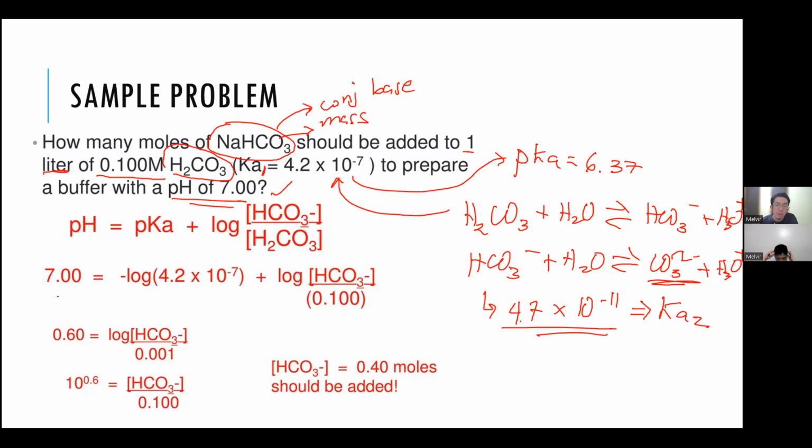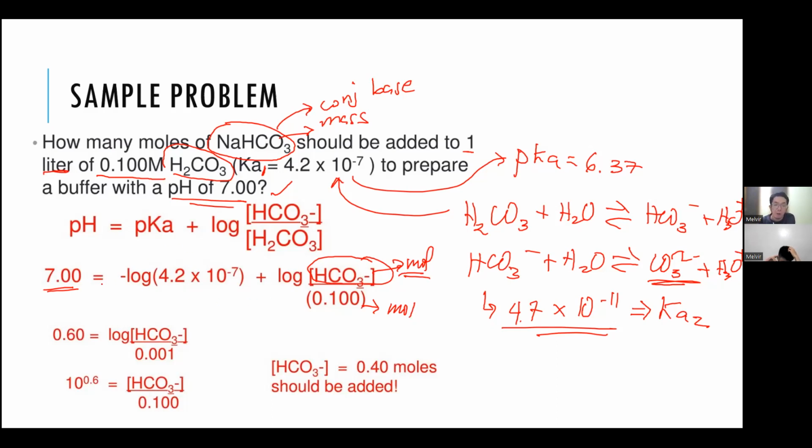So, we just substitute 7 here, tapos negative logarithm nung Ka, plus logarithm, ayun, bakante ngayon, then 0.1. Since ang volume mo naman ay 1 liter, maka-cancel out mo na yan, same volume sila. So, we can assume here, moles na ito. Moles ni bicarbonate ang maka-calculate natin.